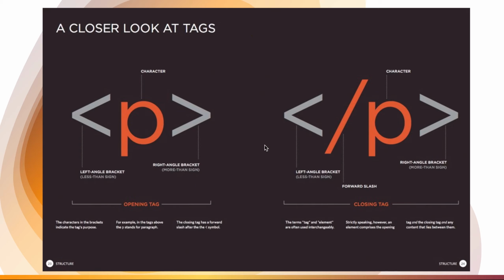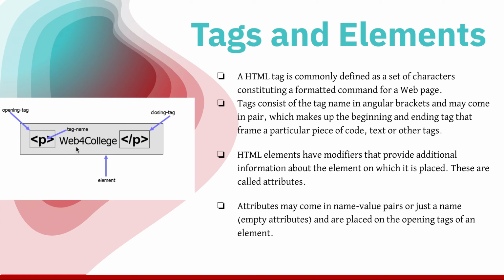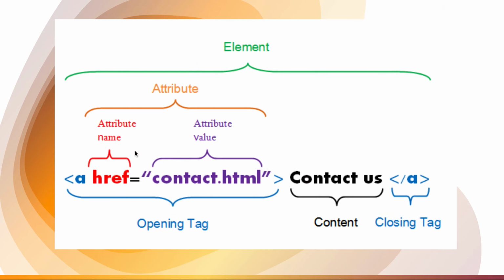So as I explained, we have the opening and closing tags, but when they have a content, all right, like this one, they have a content Web College 4. Everything here is referred to as what? An element.